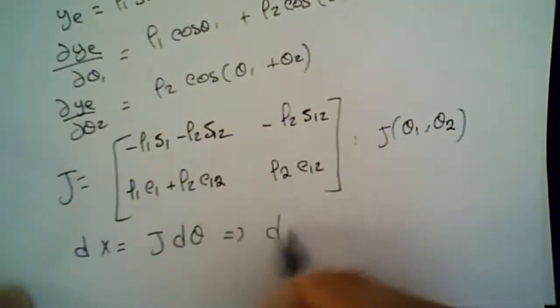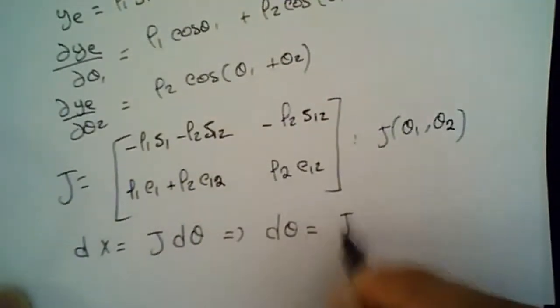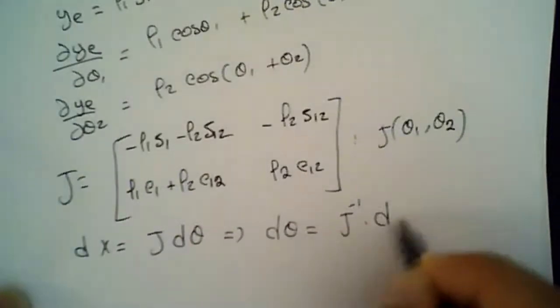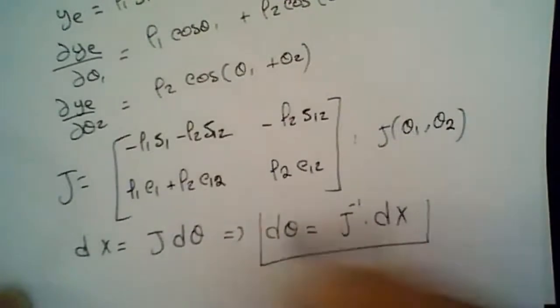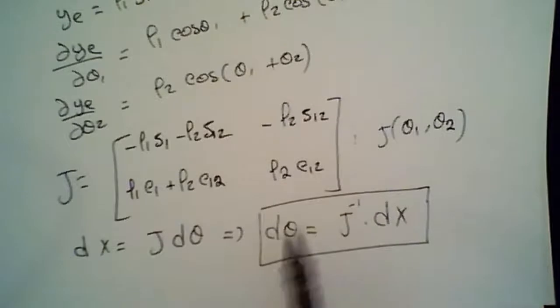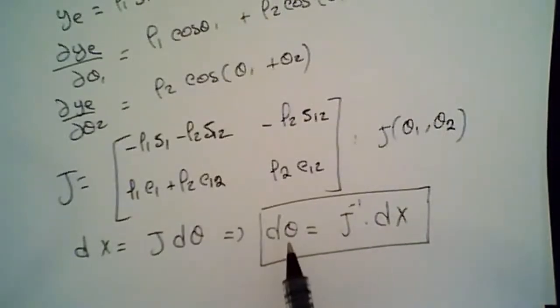I can now solve for d theta, which is the inverse of this Jacobian matrix multiplied by dx. So now I can relate a change in x to a small change in d theta, and I can use this to solve the inverse kinematics of the robot.